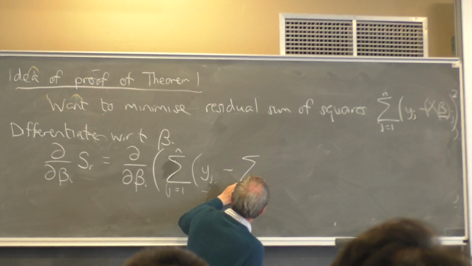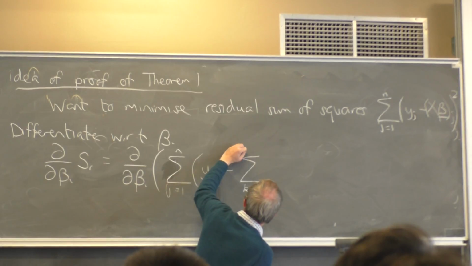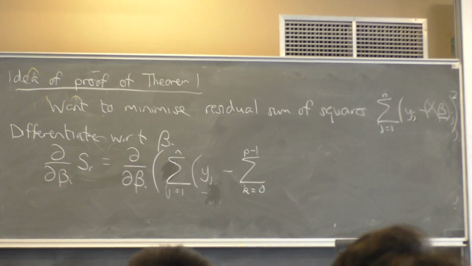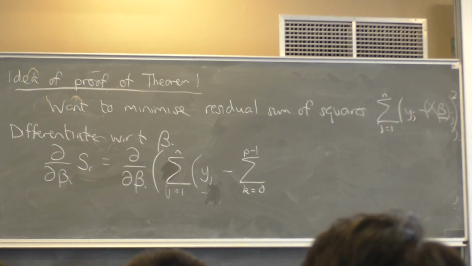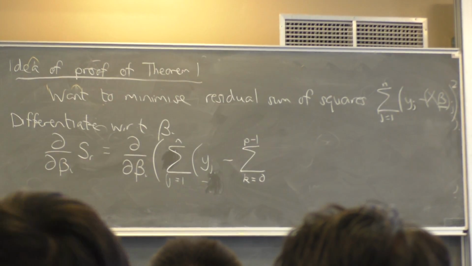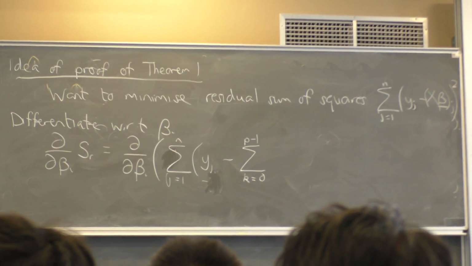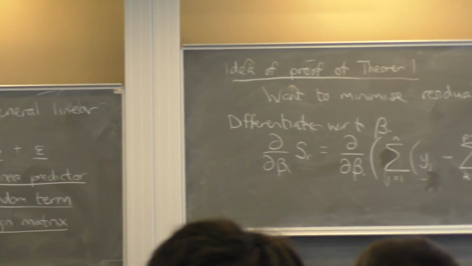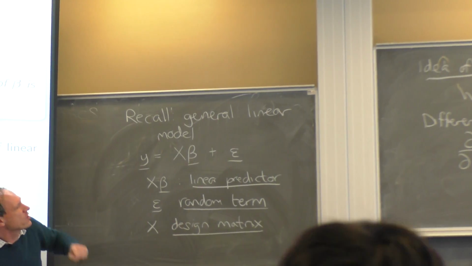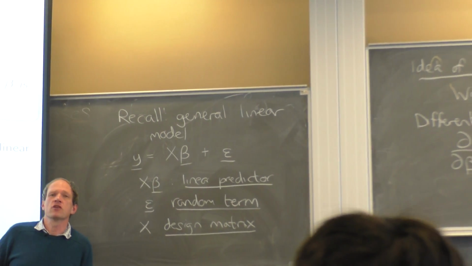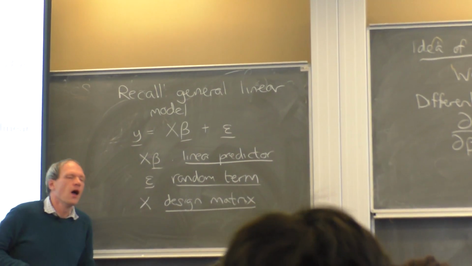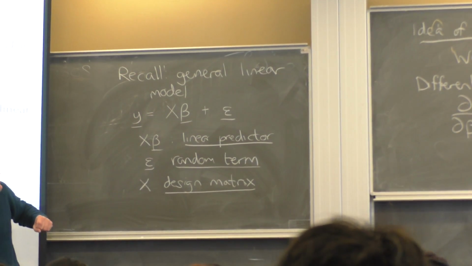I'm going to write it as a sum from k equals 0 to p minus 1. Remember that p is our notation for the number of coefficients here, so the number of entries in beta. That's also the number of columns of the design matrix X, so it's the number of things in our matrix for each one of our observations.